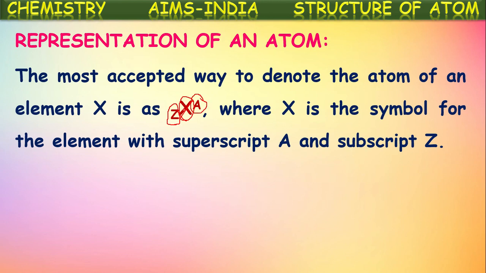First we write the symbol of that element in upper case. At the front bottom, the subscript position, we represent its atomic number. At the right side top, the superscript position, we represent its mass number. In this way, the symbol of an element or atom is represented.